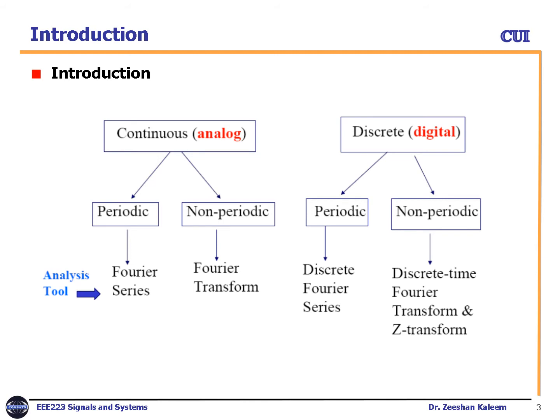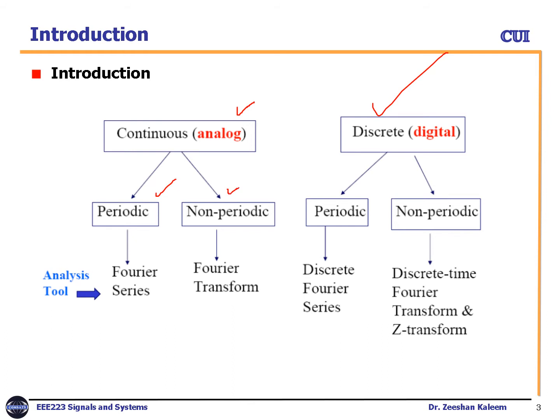As we discussed earlier in previous classes, there can be two types of signals. One can be continuous and the other can be discrete. Further, in continuous, there can be two types: one can be a periodic signal and the other a non-periodic signal.